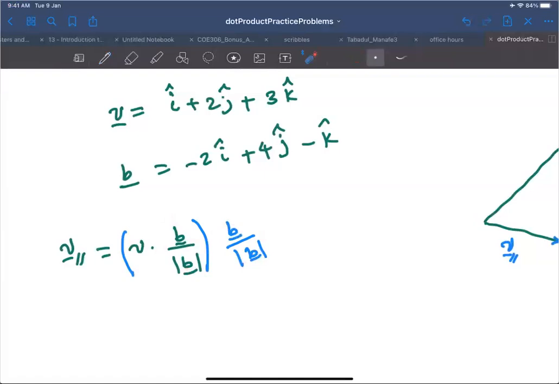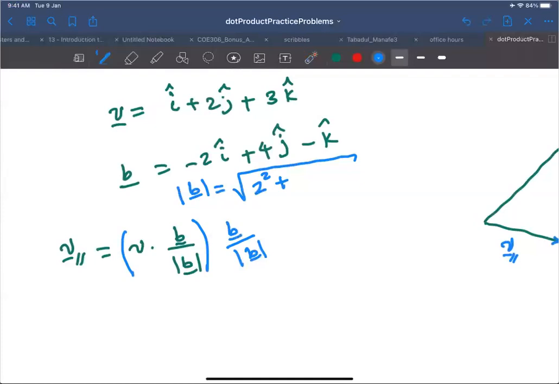So let's find the magnitude of B. The magnitude of B is going to be the square root of 2 squared, plus, this is coming from here, minus 2 squared, which is 2 squared basically. If it is a negative number, it will eventually become positive because we are squaring it.